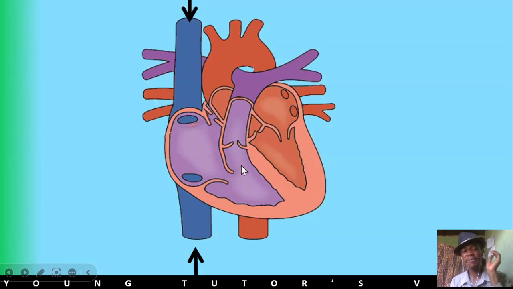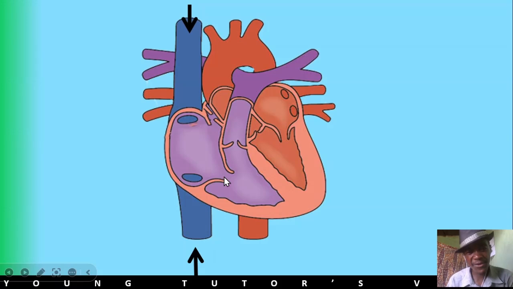But understand that the right side of the heart, specifically the right ventricle, is responsible for pulmonary circulation, and pulmonary circulation in the fetus is not yet functional because the alveoli are fluid filled instead of being air filled.